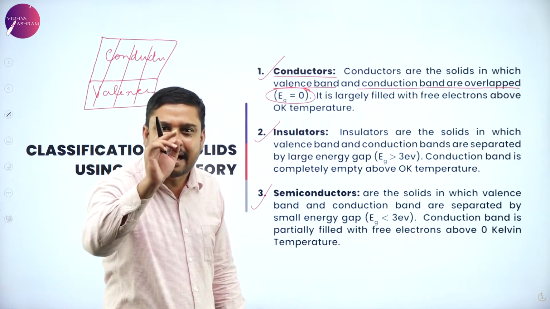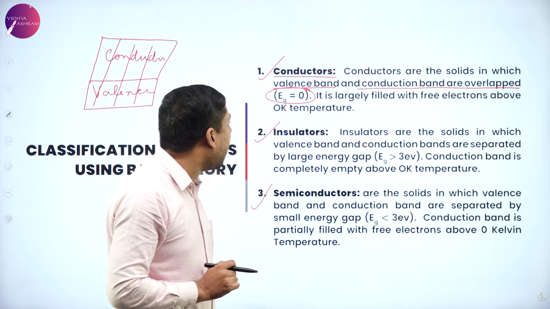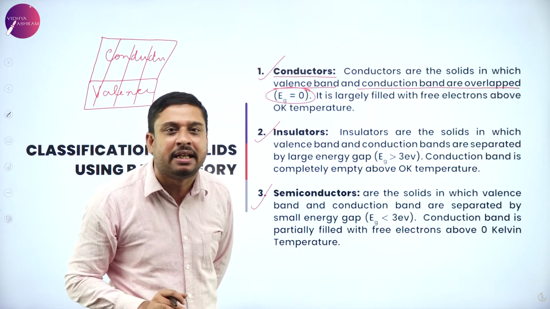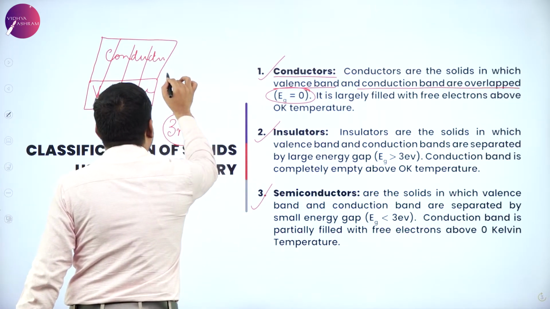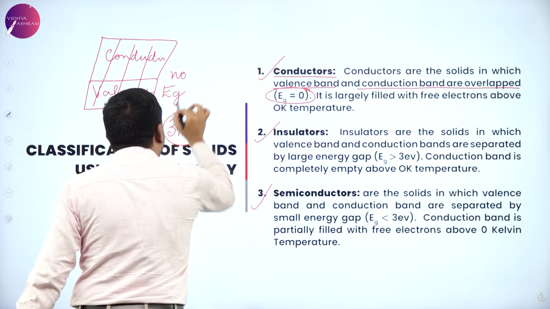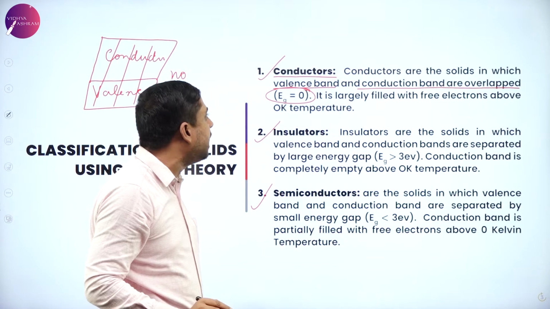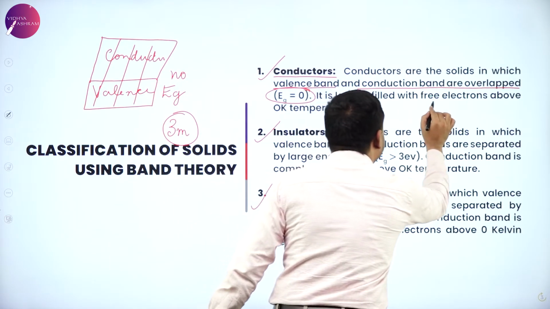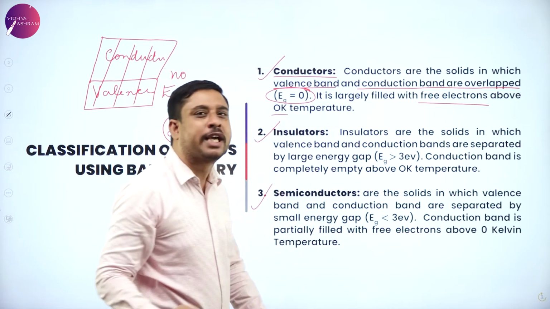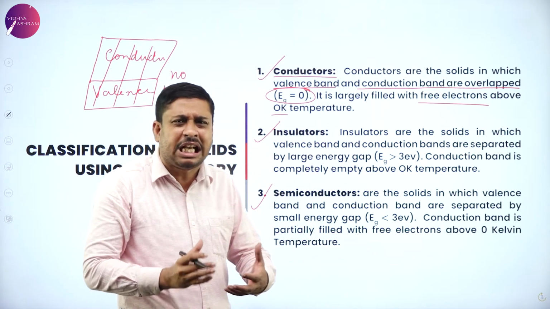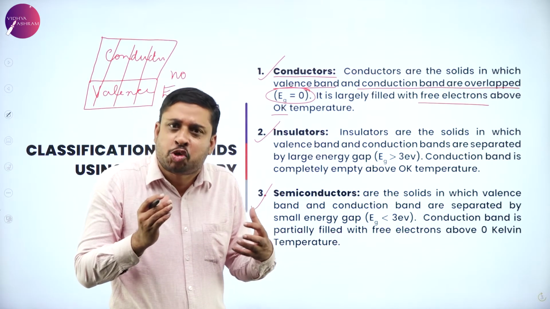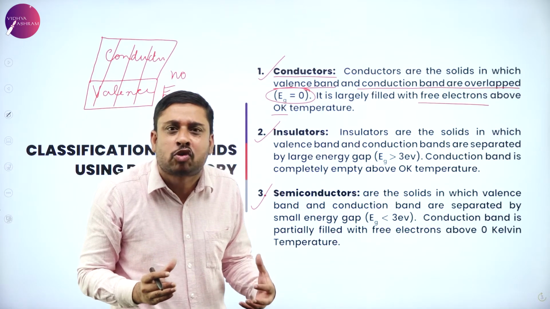Conductors ಅಲ್ಲಿ ಯಾವ ರೀತಿಯಾದಂಥ ಎನರ್ಜಿ ಗ್ಯಾಪ್ ಇರೋದಿಲ್ಲ. ಸೊ ವೆರಿ ಕ್ಲಿಯರ್ಲಿ there is no energy gap for a conductor, and they are largely filled with free electrons above 0 Kelvin temperature. For maximum conduction, it should have free electrons.